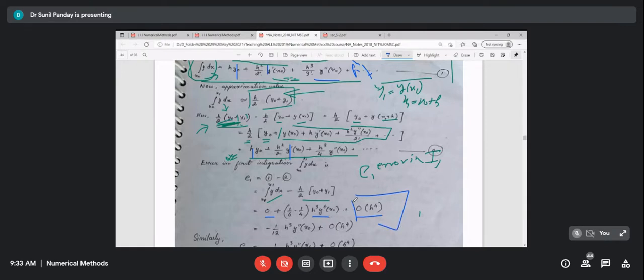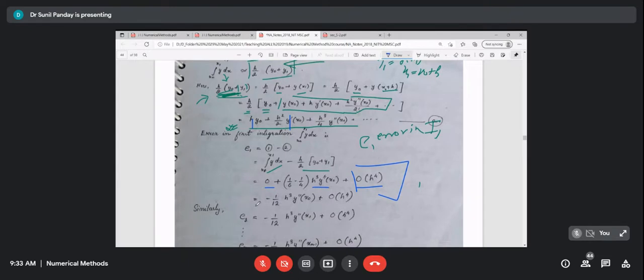If I simplify, I get minus 1 upon 12 h cube y double dash of x naught plus order of h raised to power 4 terms. This is the error in the integration I1.